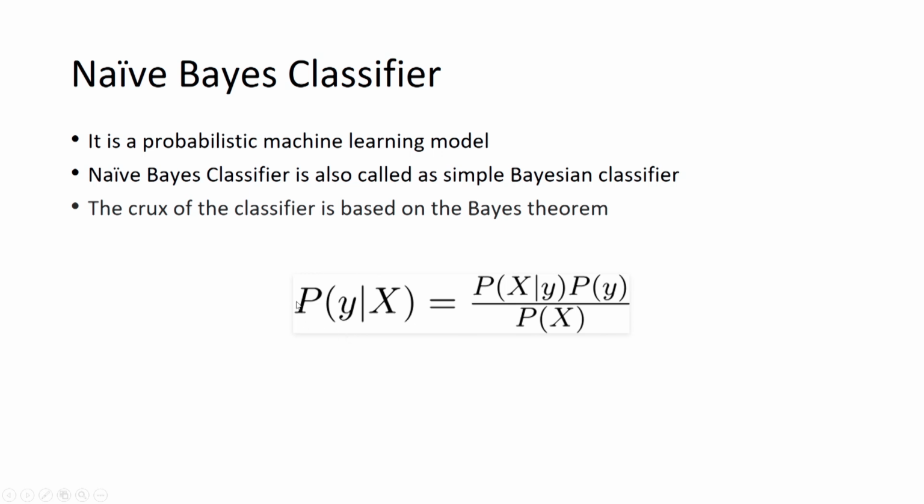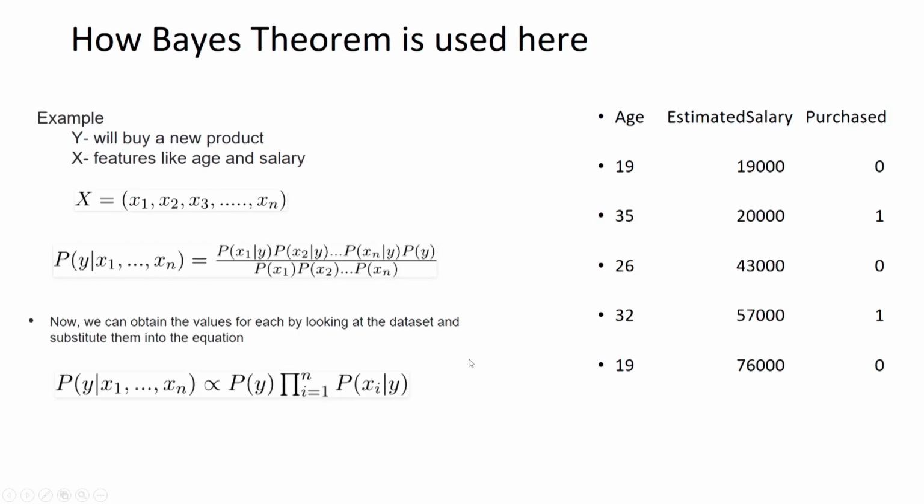We are calculating the probability of y conditionally for this x, and it is defined as probability of x given y into probability of y upon probability of x. So, how will we use this Bayes theorem for classification? We can see one example.